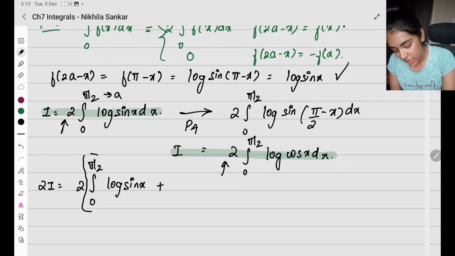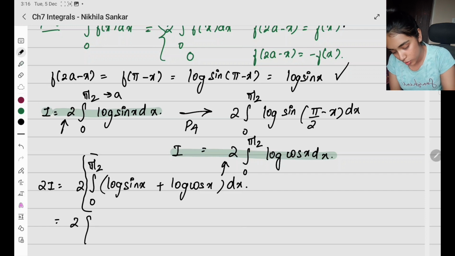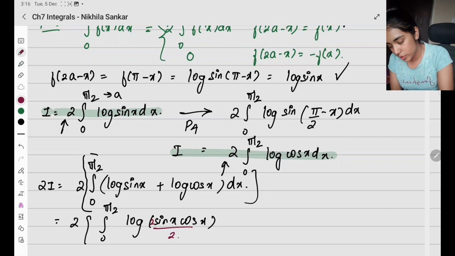So I have integral log sin x plus log cos x times dx. There is the log of a plus b formula. I can write it as 2 times integral 0 to pi by 2 log sin x cos x. I can multiply and divide by 2 to get 2 sin x cos x.